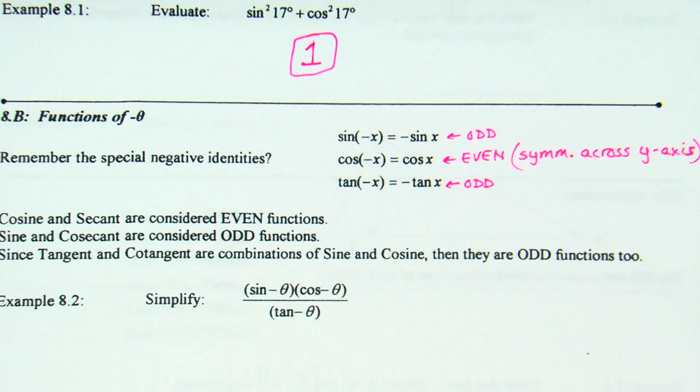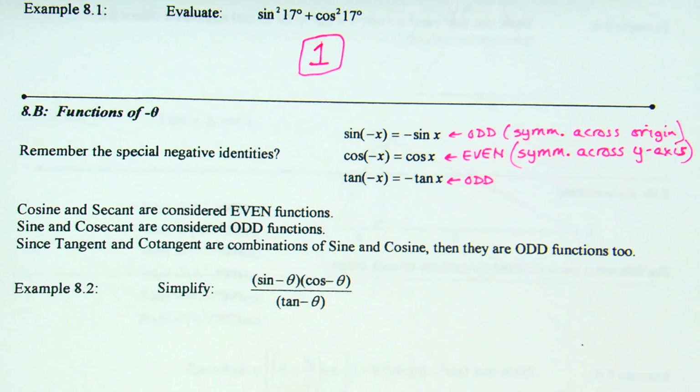Now, odd is also symmetric, but not across the x-axis. It's symmetric across the origin. If a function is odd, it's symmetric across the origin. I think we did stuff with this last year. It's just a matter of what you remember.